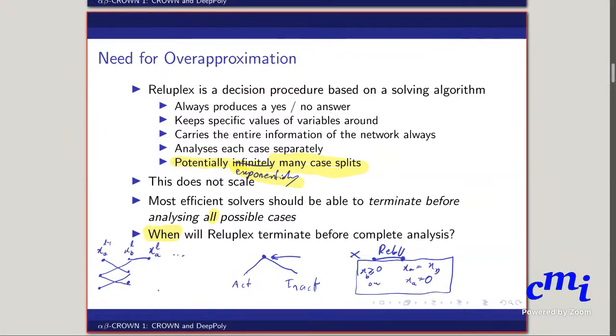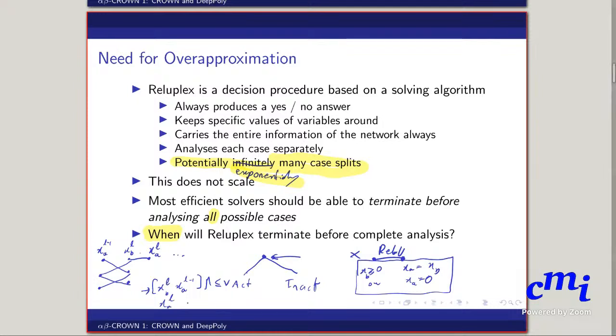So it's going to keep track of all the linear relationships, so these are linearly related to these because of all the weights over here. So it's going to keep track of all of these linear relationships: x_a^(L-1) times some matrix should be less than or equal to some value and so on, right? It keeps this, but it's going to completely drop the relationship between these two things.